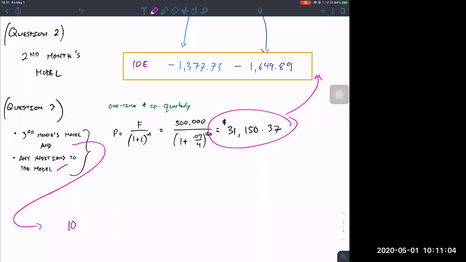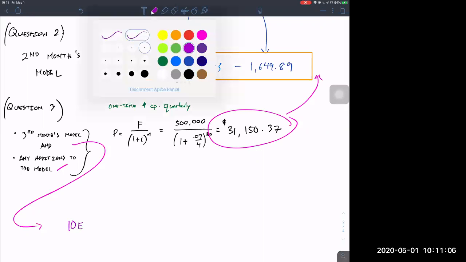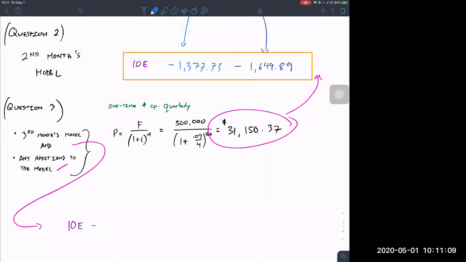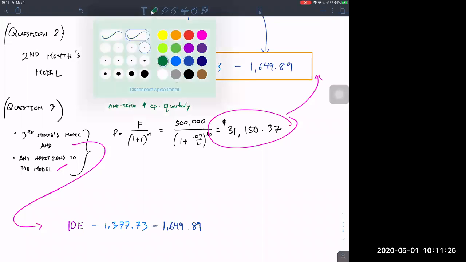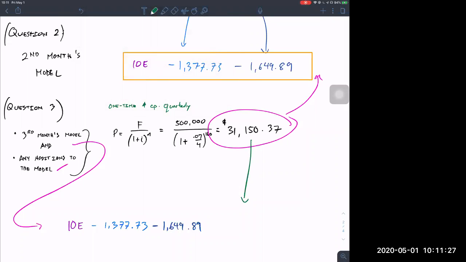I didn't say any changes to this. There is also no change saying you're going to revert back to the 5 because it's a progression. You go from month to month. These are the monthly payments that we had prior. And now we can tack on this here because this is an additional expense for the third month that we have to worry about.